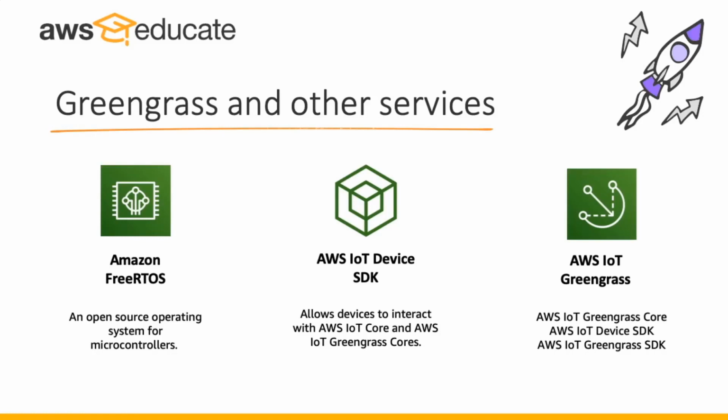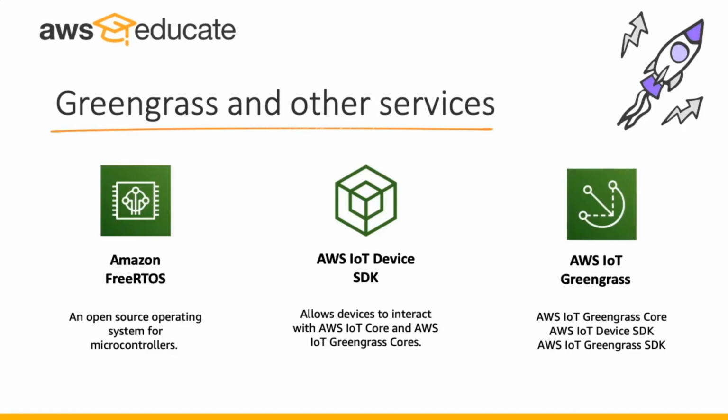Amazon FreeRTOS is an open source operating system for microcontrollers that makes small, low power edge devices easy to program and deploy. It is an extension of the usual FreeRTOS kernel, where we provide additional software libraries so that you can connect your small, low powered devices to the AWS Cloud.